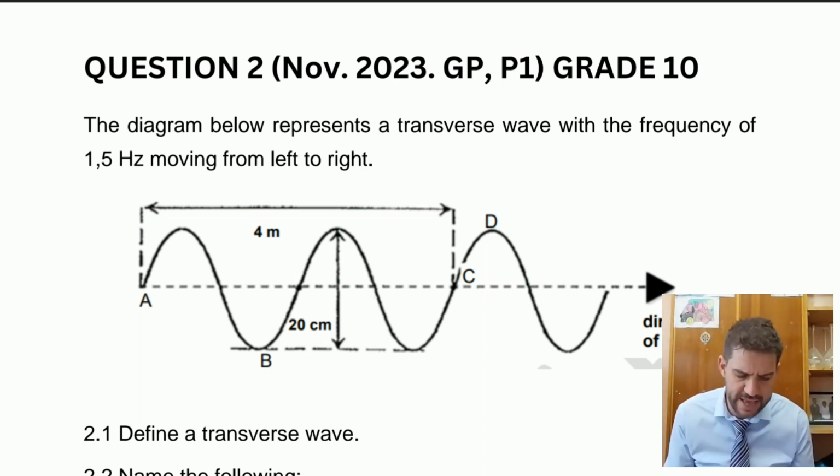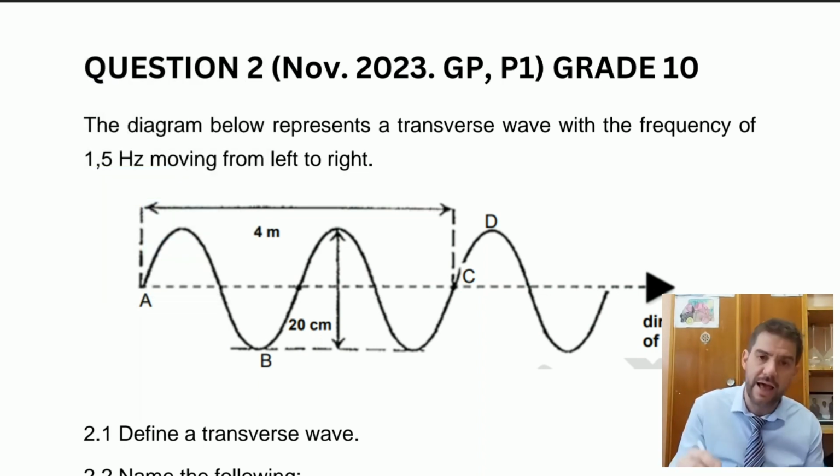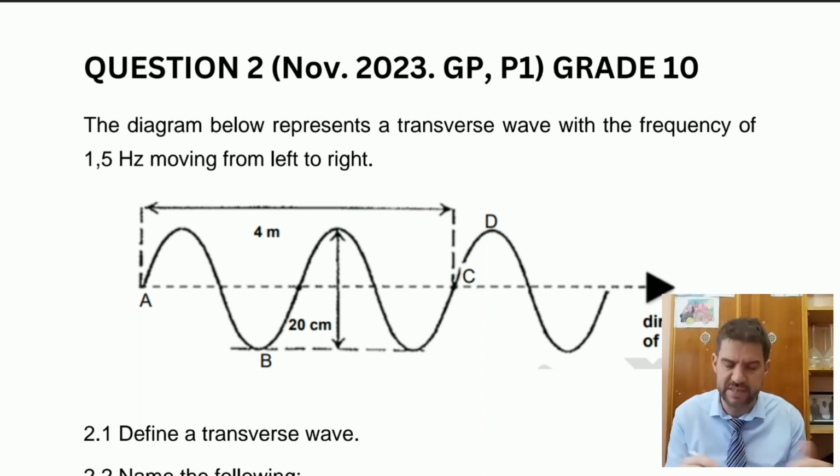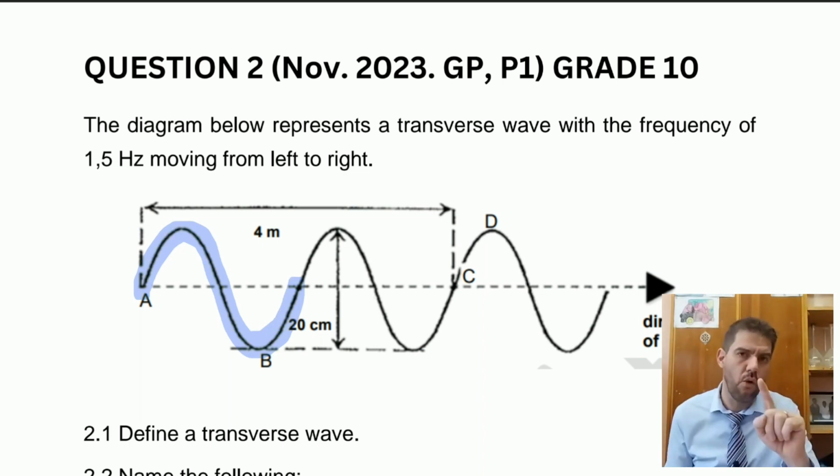The question says the diagram below represents a transverse wave with a frequency of 1,5 hertz moving from left to right. And there's a picture of the wave. Before we move on, let's find out how many waves are represented in that specific part. So from A to this point represents one wave.